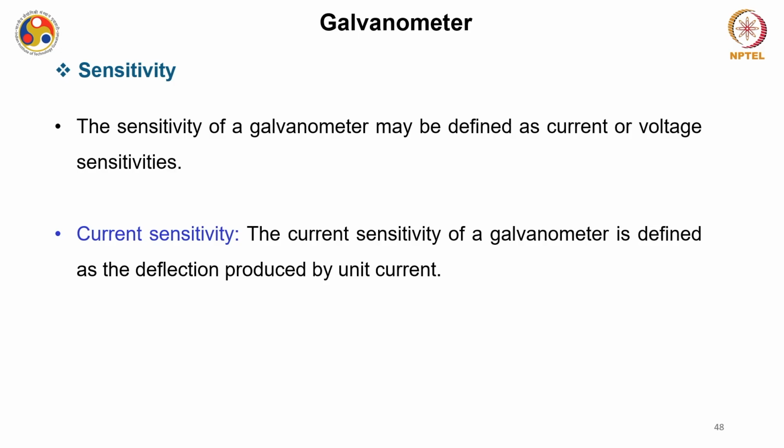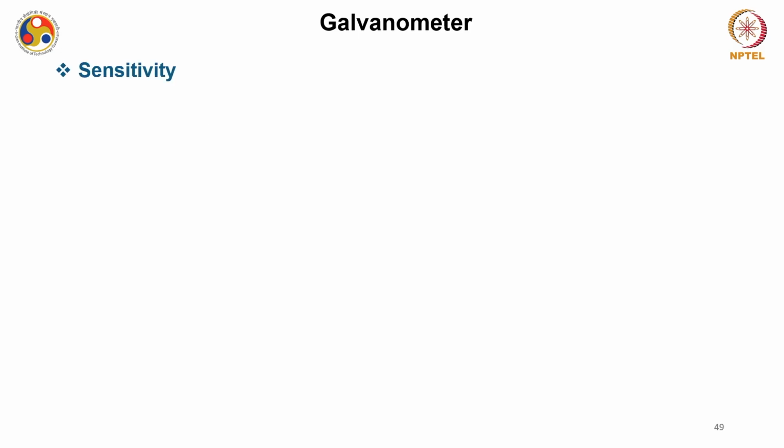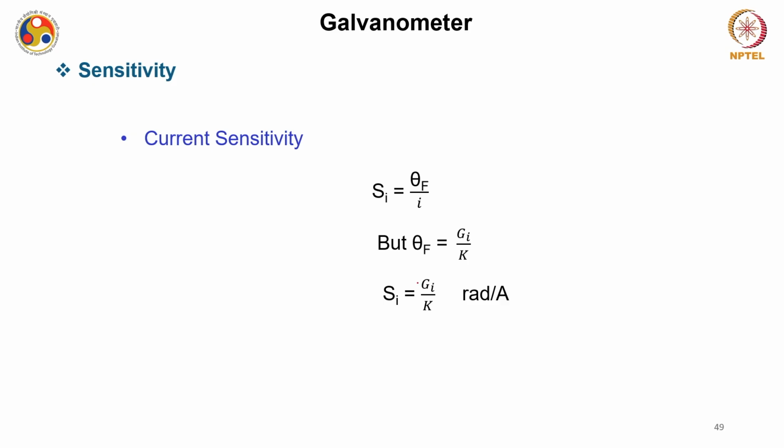The current sensitivity of a galvanometer is defined as the deflection produced by a unit current in the galvanometer. So current sensitivity is the deflection divided by the current, or if I rephrase it, theta f we have already seen is equal to Gi by K, so Si is equal to Gi by K.